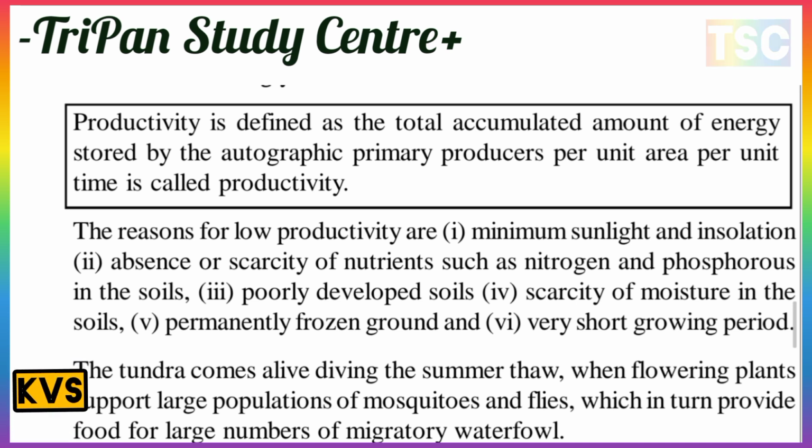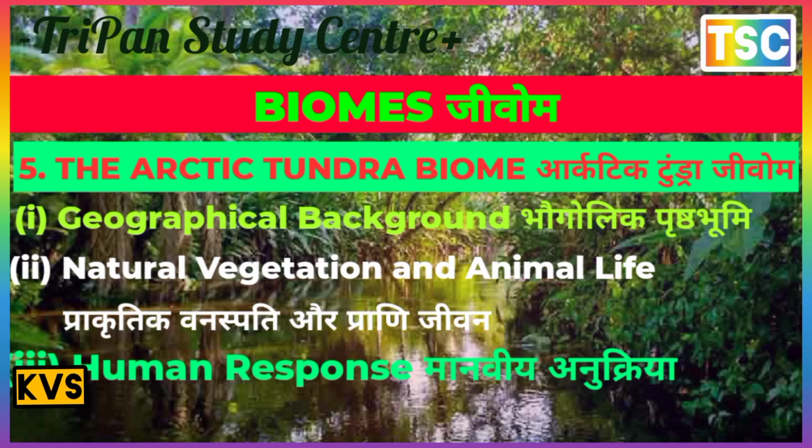The tundra comes alive during the summer, when flowering plants support a large population of mosquitoes and flies, which in turn provide food for a large number of migrating waterfowl.